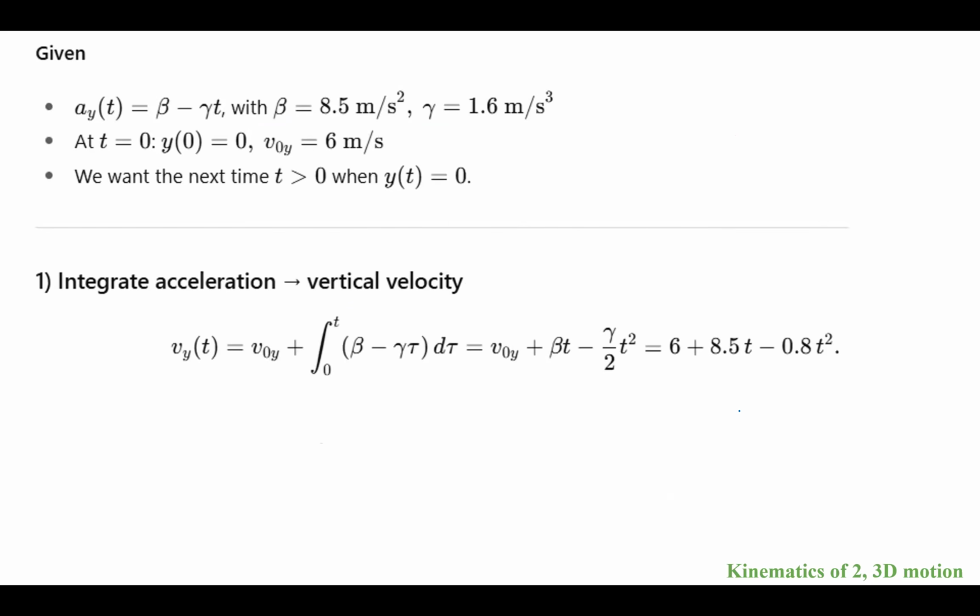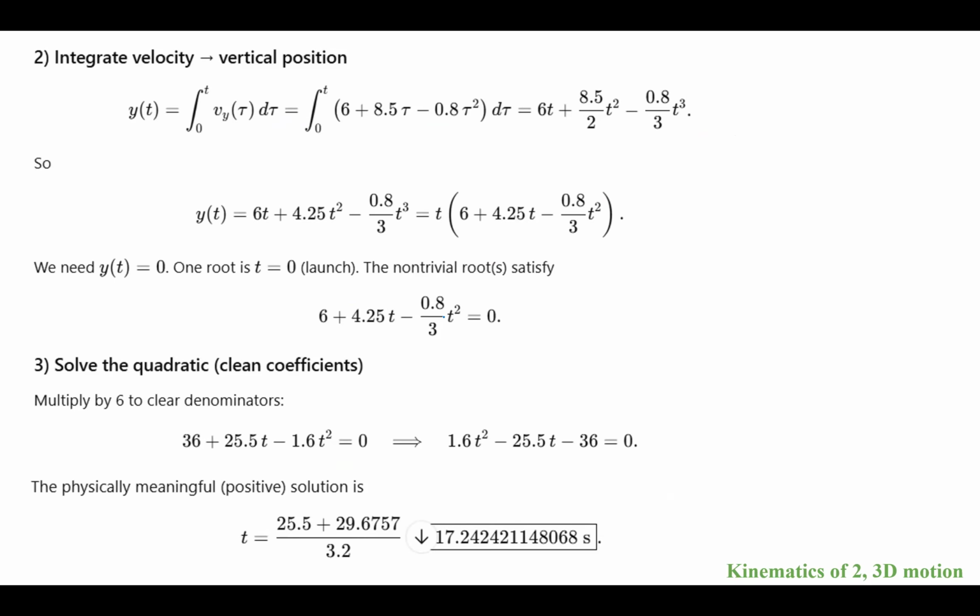And then, once we have Vy, we can find the vertical position as a function of t, and we get these equations.